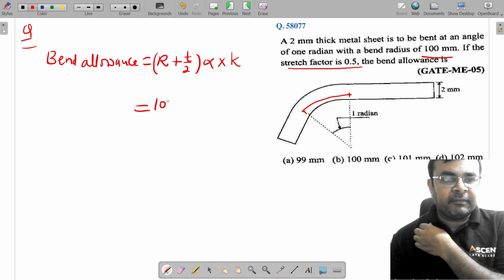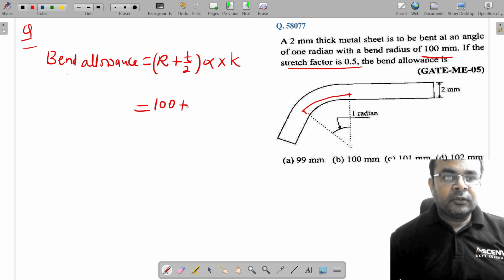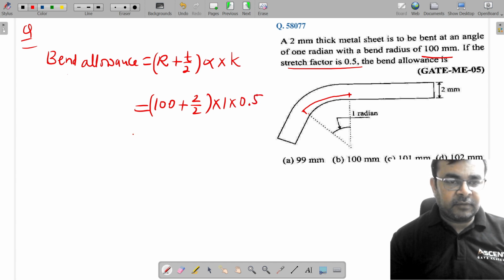This is 100 mm plus 2 by 2, into alpha which is 1 radian, and the stretch factor is given as 0.5. So simply 101 into 0.5, so this is 50.5.